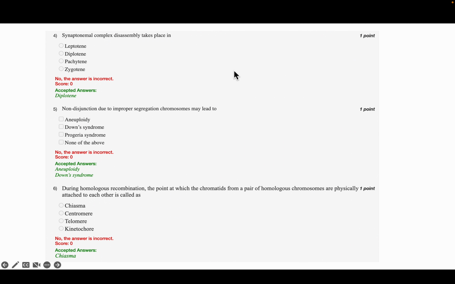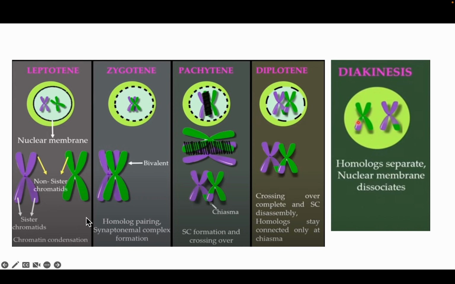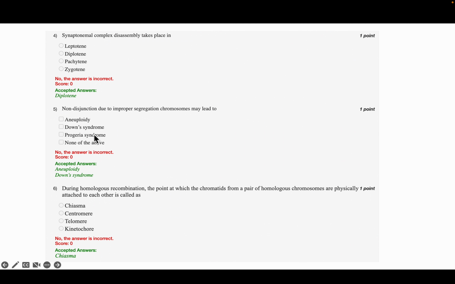So what is non-disjunction? We see that the homologous pair of chromosomes goes to the next step, and in meiosis 1 they should go to opposite poles. If something happens so that only the sister chromatids get segregated, or both chromosomes go into another egg or gamete, this will lead to aneuploidy or polyploidy.